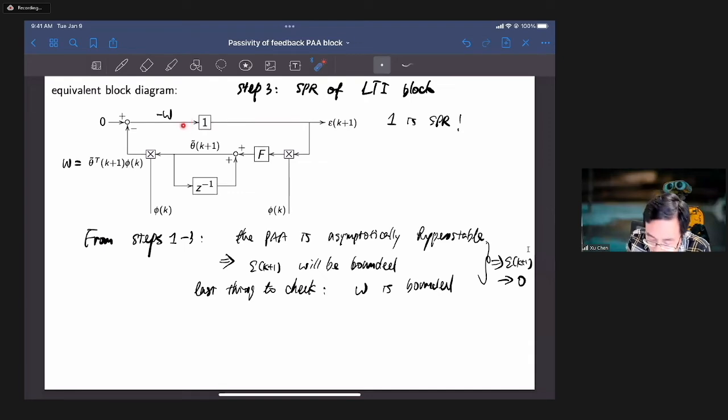And in this case, it's obvious. You see, the output is equal to negative W. So if we know epsilon k plus 1 is bounded, then obviously W is also going to be bounded.